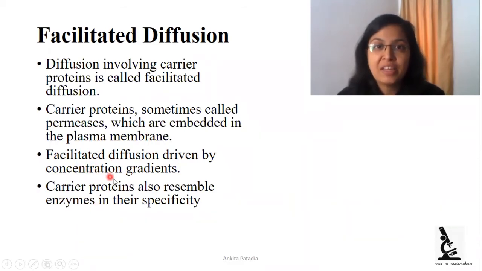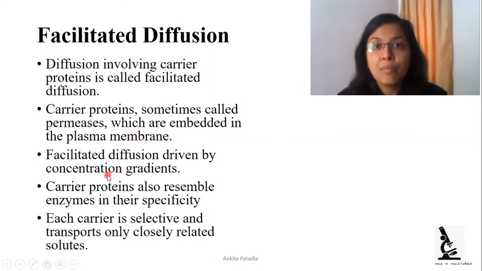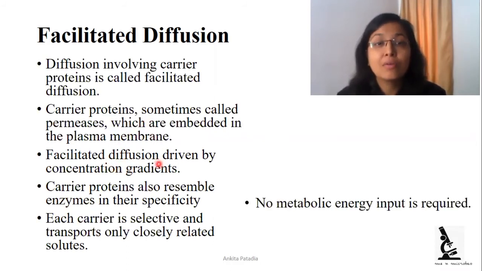So specific carrier proteins are there to make some specific nutrients available to the cell. Each carrier is selective for the transport of only closely related molecules. Energy is not required in this reaction, just as in passive diffusion.